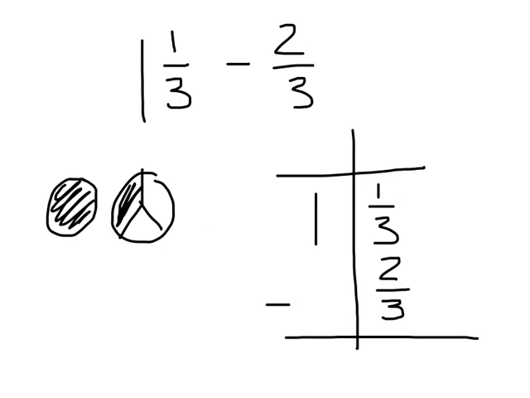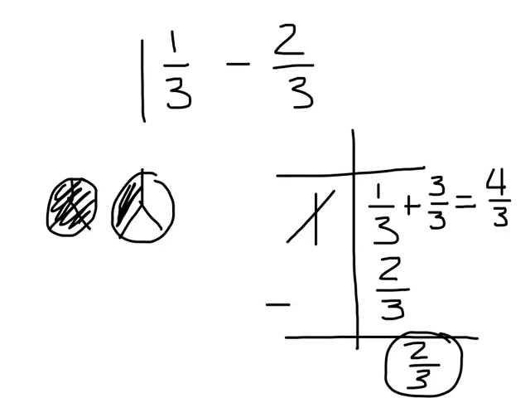If I need to take 2/3 away, what I'm going to do is split that whole into 3 pieces. So I don't just have 1/3 now, I've got 3 more thirds, because 1 whole that I'm taking away is the same as 3/3. So I have 4 thirds when I borrow. Now I can subtract. 4 thirds minus 2/3 is 2 thirds.